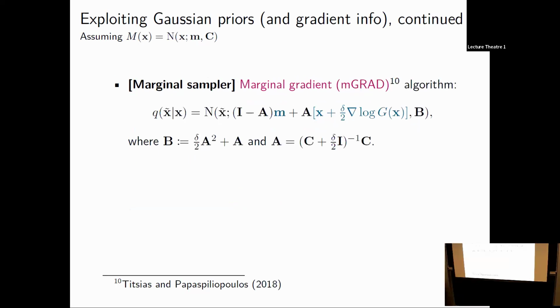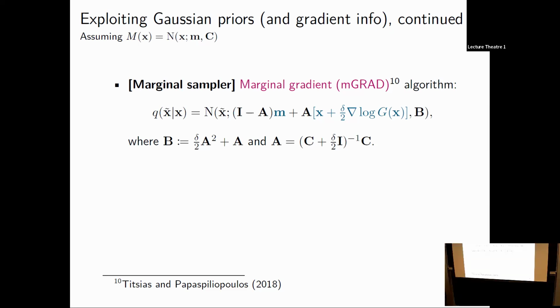Now, there's an algorithm which does something similar, but actually seems to work much, much better. So that's the one I'll be looking at in the rest of this talk. That's the marginal gradient sampler from this paper by Michalis Titsias and Omiros Papaspiliopoulos. Again, if you look at the proposal mean, you see that if A is essentially a matrix of zeros, then you propose with the mean equal to the prior mean.